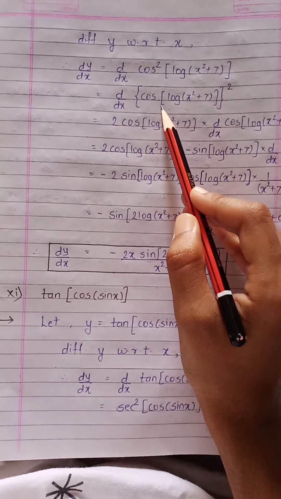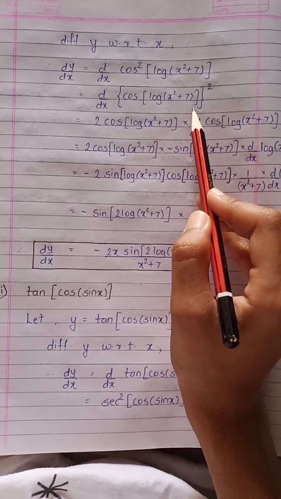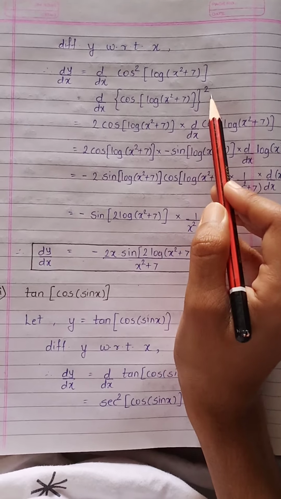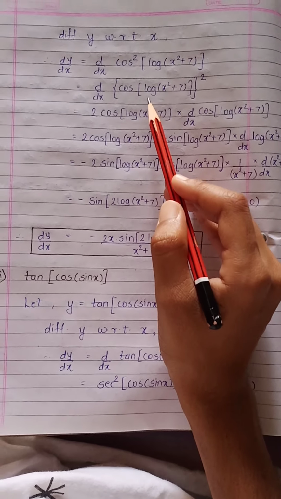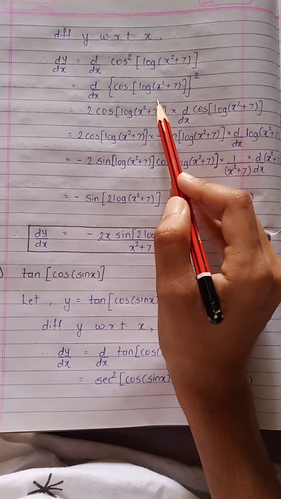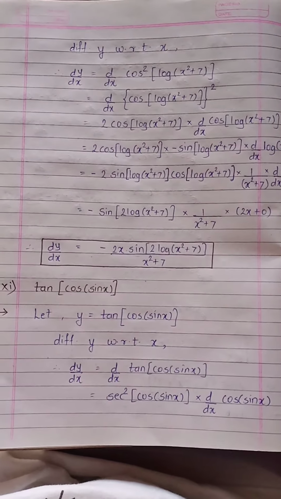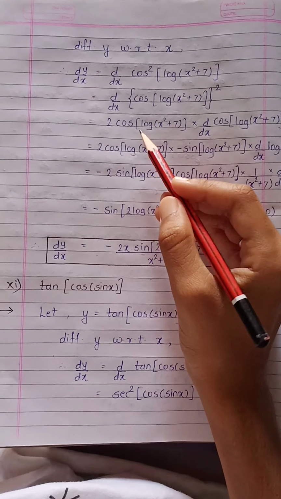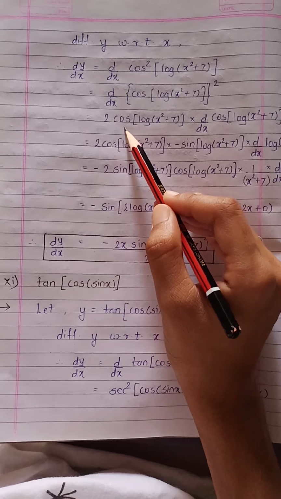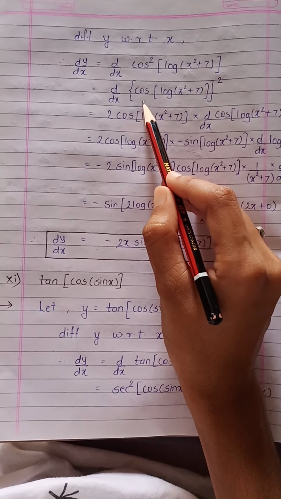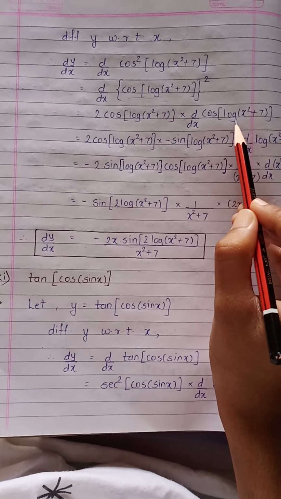Write it in the form of cos of log of x square plus 7, whole bracket square. Now you can see it is of the form u square, or x square. So use the formula of x raised to n, that is, it will be 2 cos log of x square plus 7, and as it is the extra part, the inner part, take the derivative of that in multiplication.